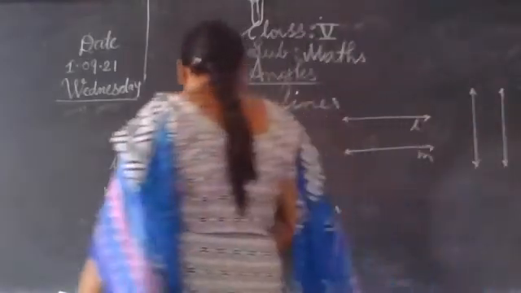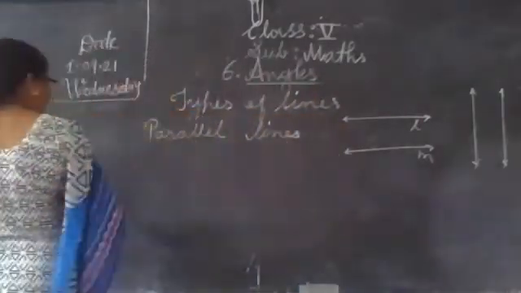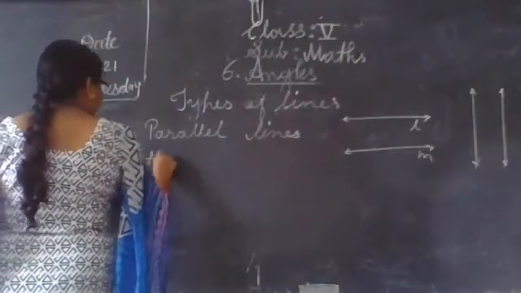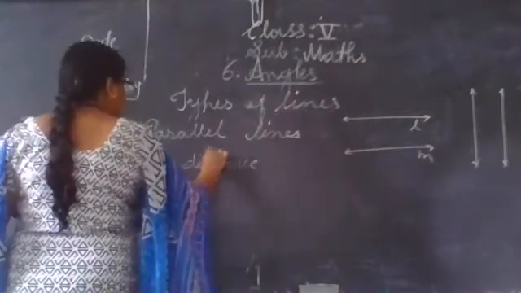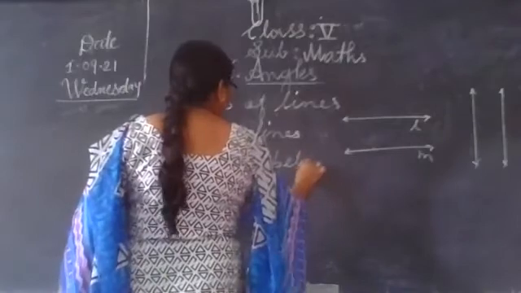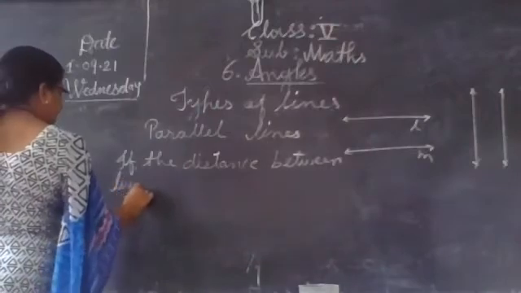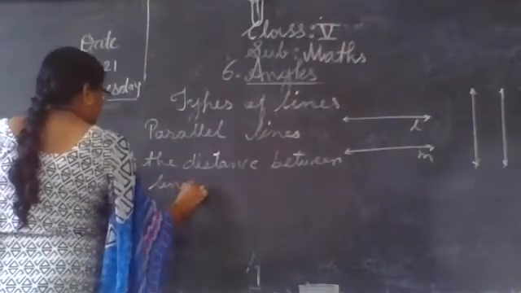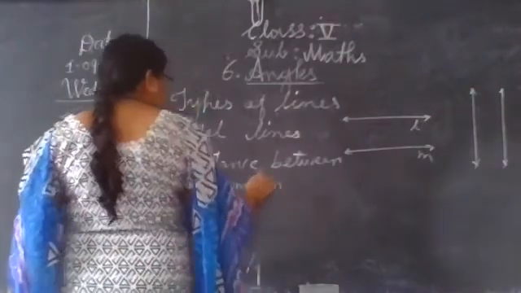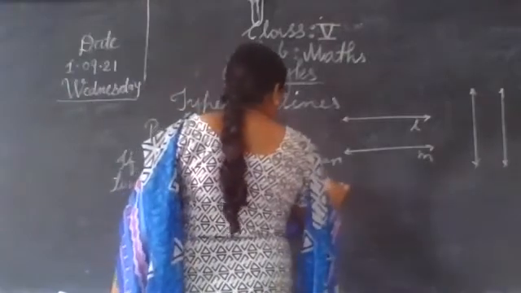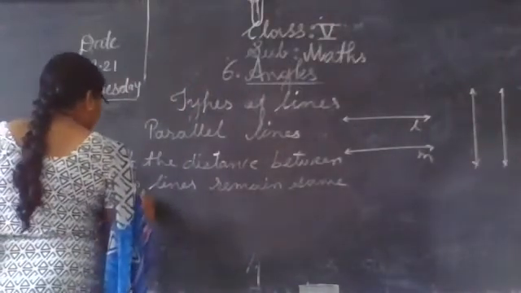When the distance between two lines remains the same, that is, they do not intersect each other, they are parallel.